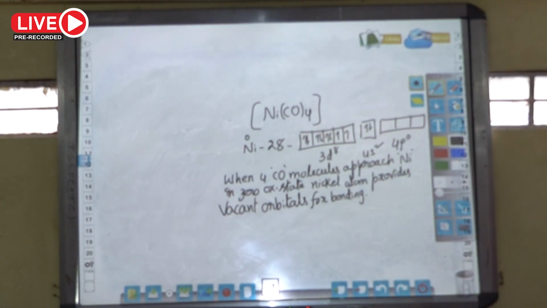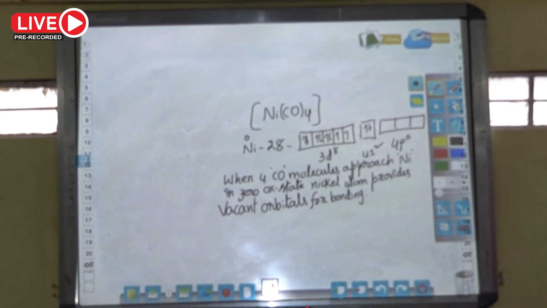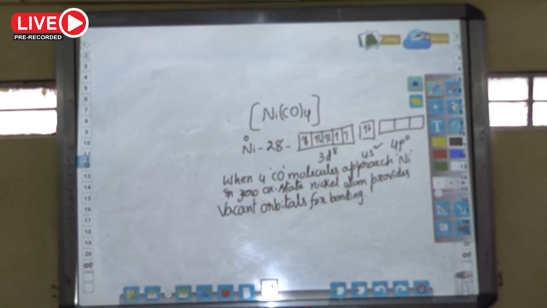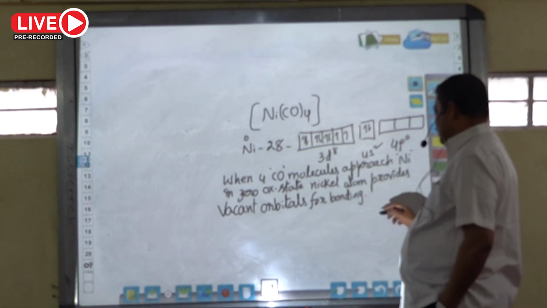So the first example we are going to discuss is the formation of nickel tetracarbonyl. In nickel tetracarbonyl, what is the central metal atom? Nickel. In what oxidation state is it? 0. How many carbon monoxide ligands are approaching nickel? Four. So nickel should provide four vacant orbitals. The nickel atom provides vacant orbitals for bonding.